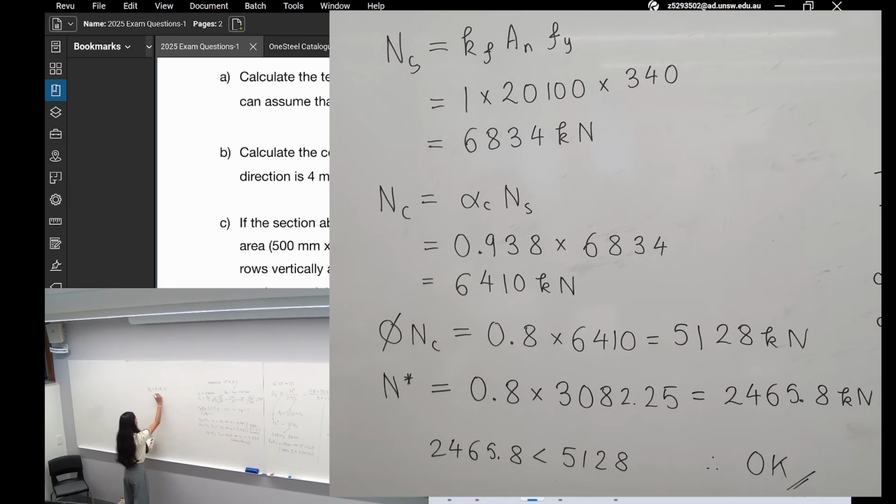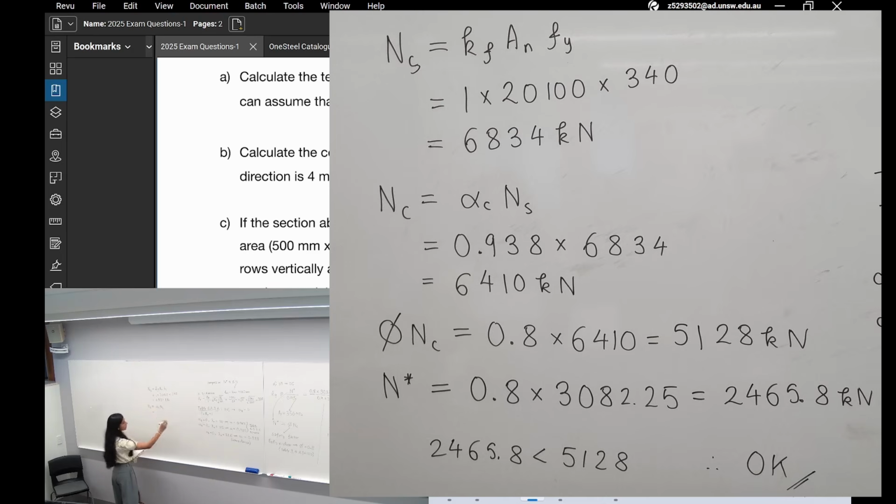So this will be 1 times 20,100 times Fy, which was 340, which is 6,834 kilonewtons.